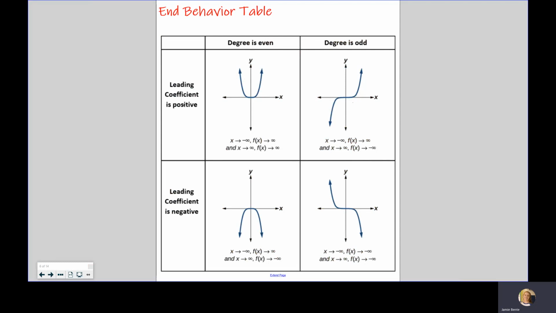So if the degree is even and the leading coefficient is positive, the ends of the polynomial are both going towards infinity. As x goes to positive infinity, the polynomial is going towards positive infinity. If you go to the left, as x gets closer and closer to negative infinity, the graph is going down to negative infinity.